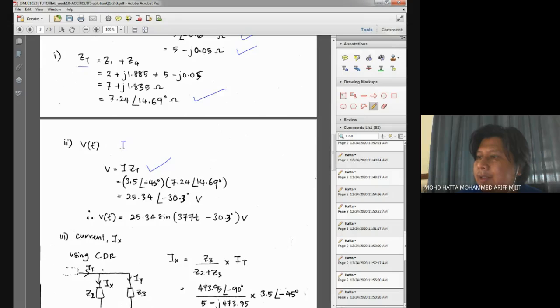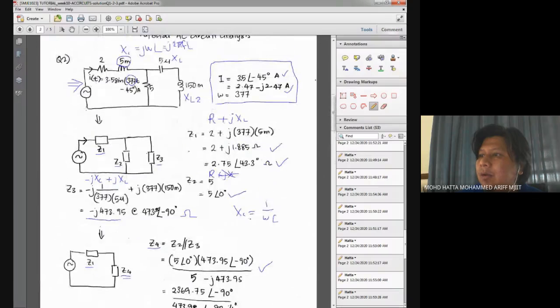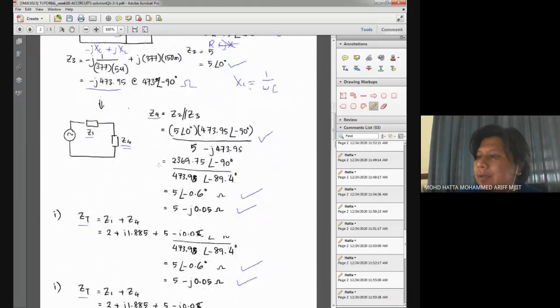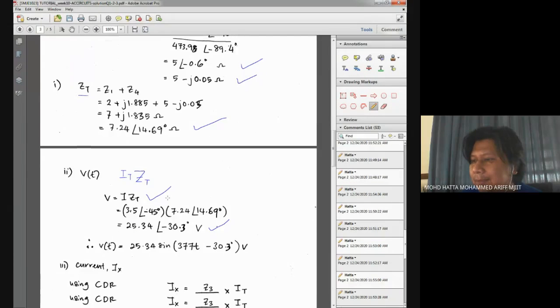Basically, I here is I total, and we will multiply it with our value over here, Z total, to get our voltage from the source. We know the current, and we also know the total impedance, so we just apply Ohm's law to get the value of the voltage supply.